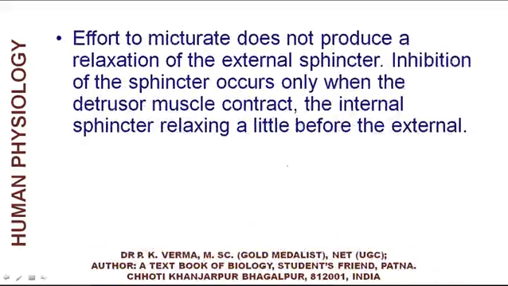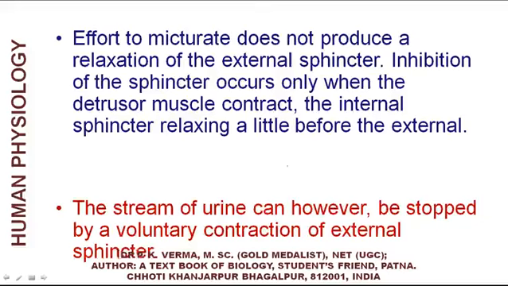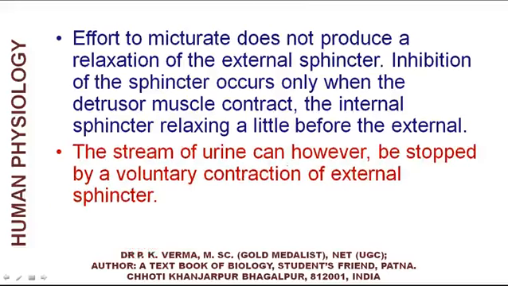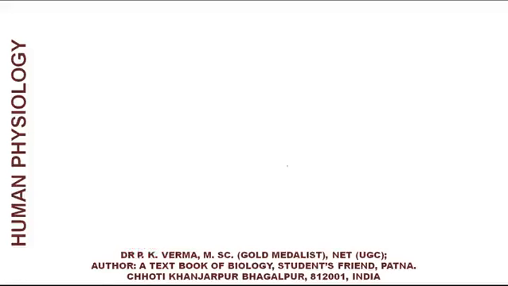Inhibition of sphincter occurs only when the detrusor muscles contract. The internal sphincter relaxes a little before external muscles relax. The stream of urine can, however, be stopped by a voluntary contraction of external sphincter, though it is very difficult.